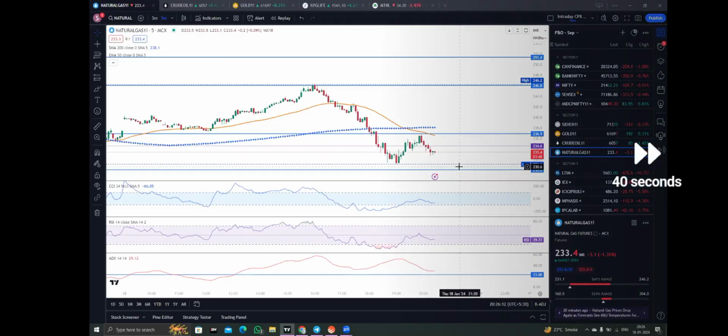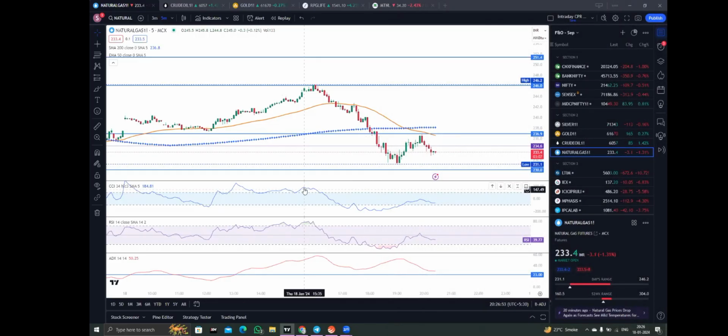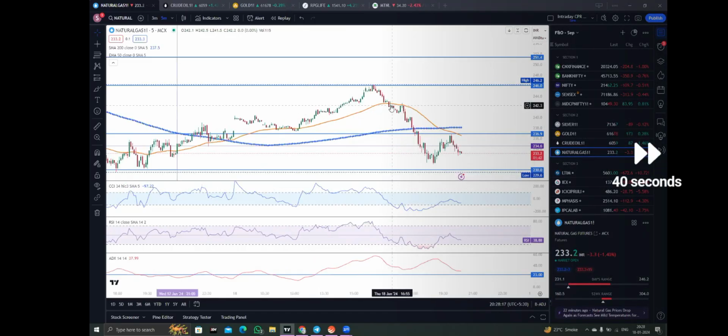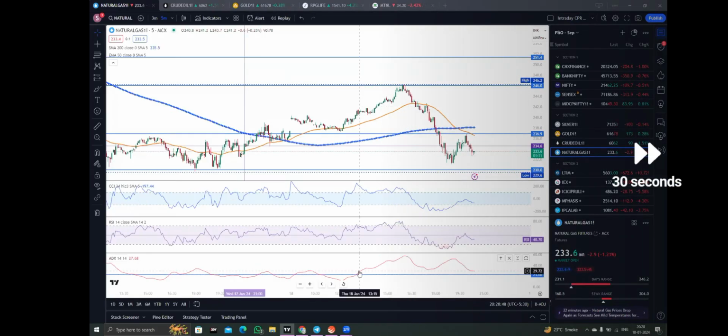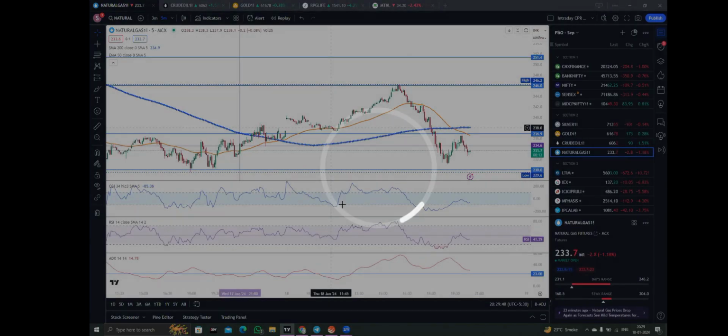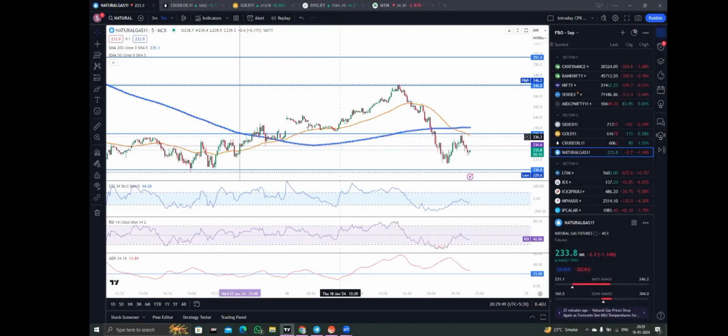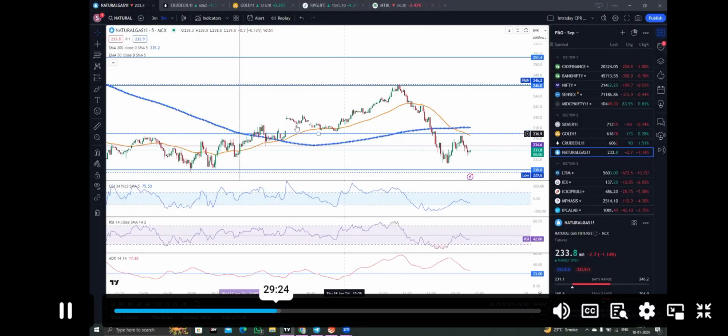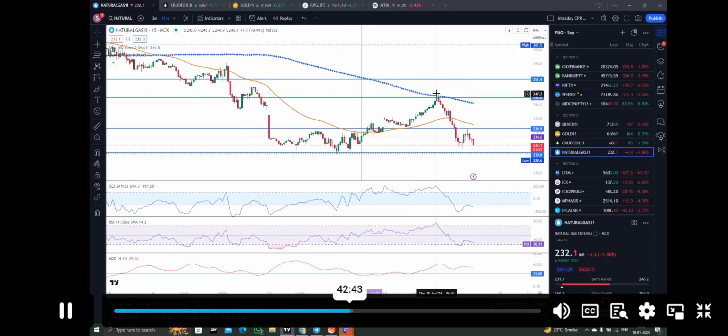Where the pointer is right now, the mouse pointer, then only you take a trade. Because if you see this, this becomes somewhat sideways. Yeah, it gave good results.